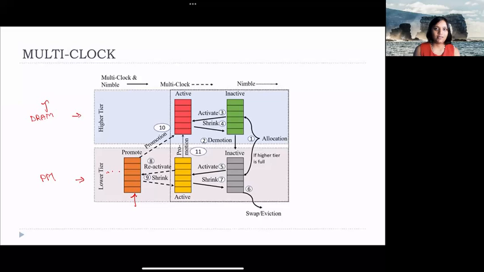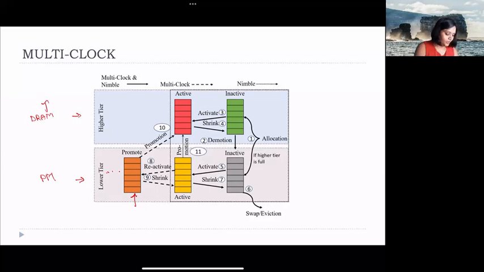If we again notice that the data in the active list is accessed again, then we move it to the promote list, and so on and so forth, depending on how many lists we have at that level. Once we are at, let's say, one promote list, if data residing in the promote list is accessed further, then we would want to move it to the active list of an upper tier.